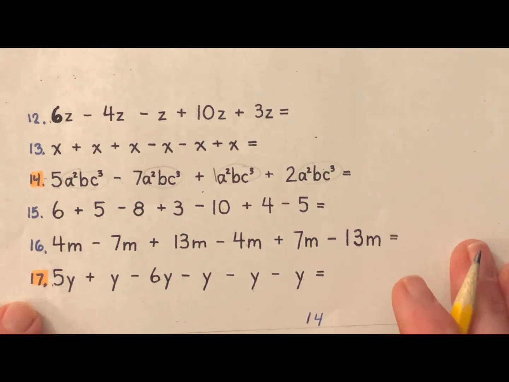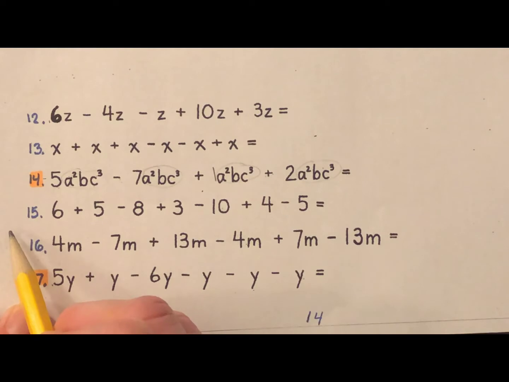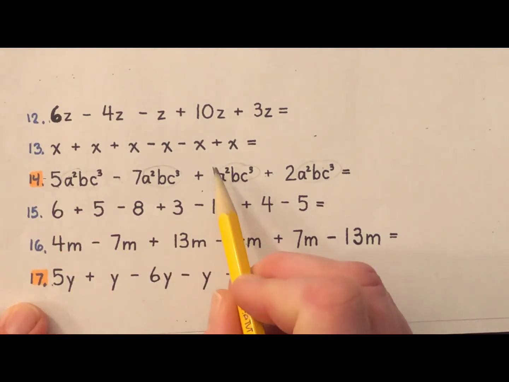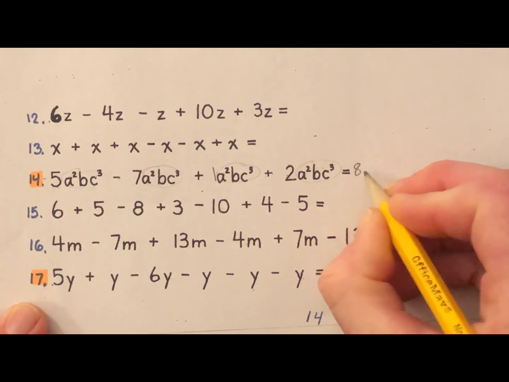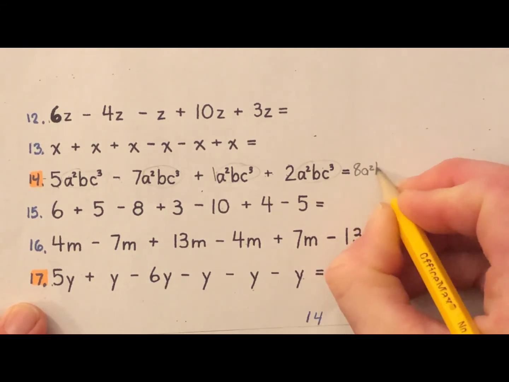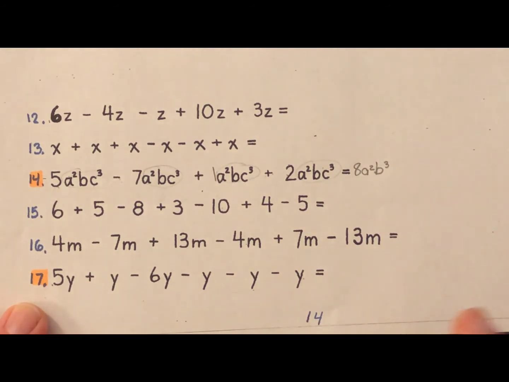I think I've told you this before. What is really easy to do is count up all the positives. 5, 6, 7, 8. So I've got 8 positives. 8a squared b cubed. Now count up all the negatives.